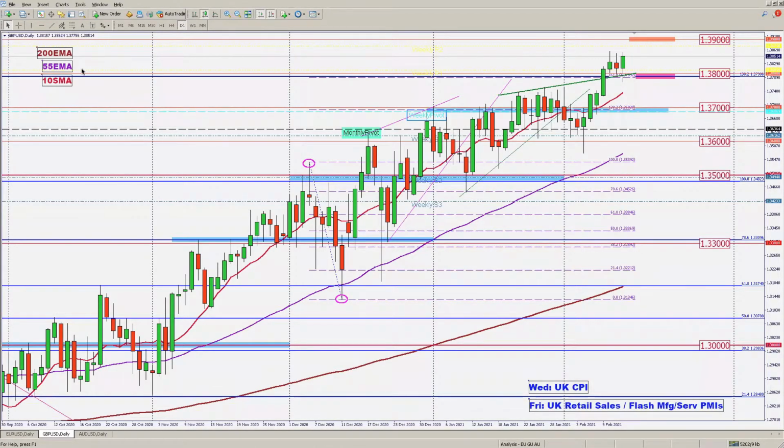If it does drop below 138, then there could be support from the 10 SMA, could be in the mid 137s. Okay, now it's at the mid 138.